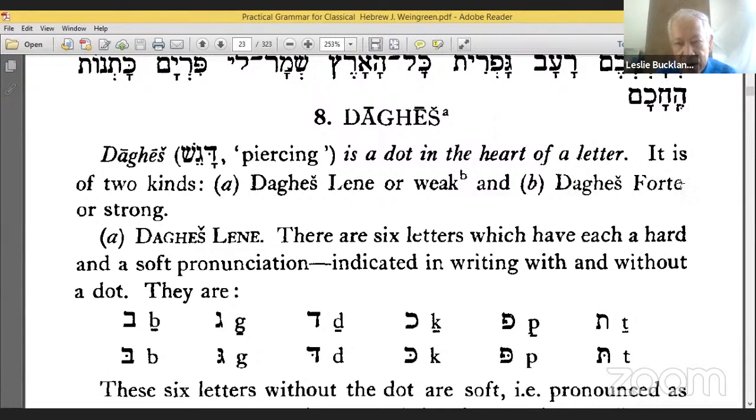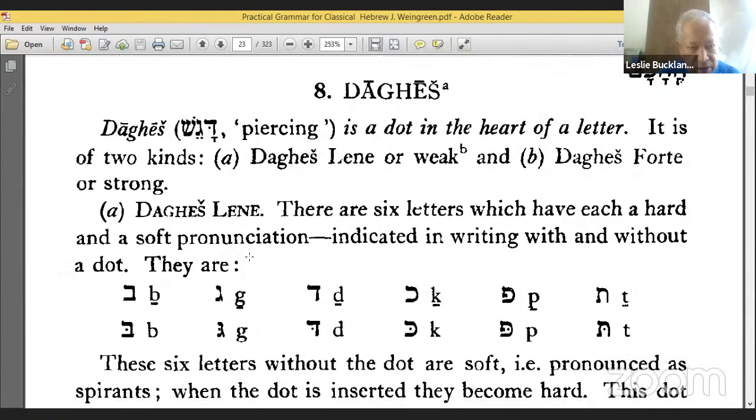I'm not dealing with Dagesh Forte today, only with Dagesh Lenny. So in the book, it says there are 6 letters which have each a hard and a soft pronunciation, indicated in writing with and without a dot.